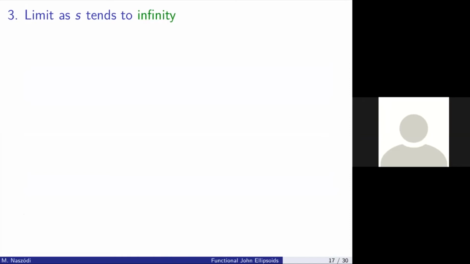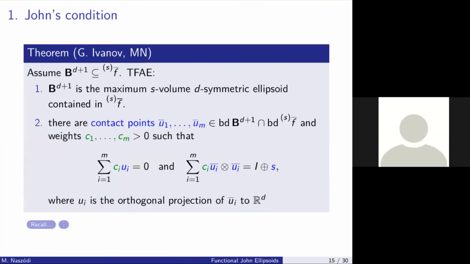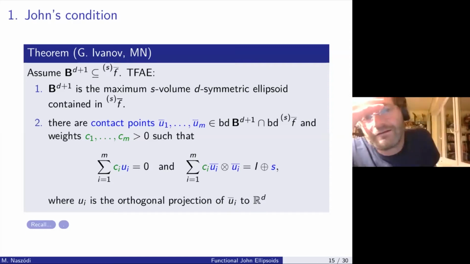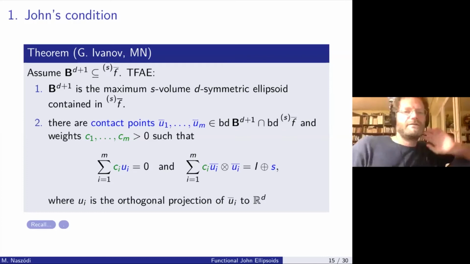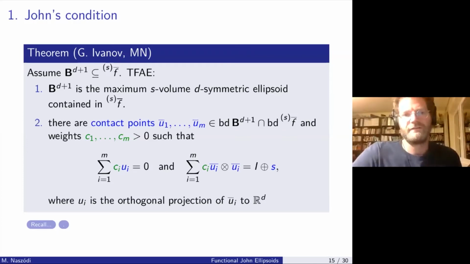Yes. What does your characterization of John function say when S is equal to 0? Does it say anything in this case? It's a little difficult to say because as S varies, the meaning of this ball changes.